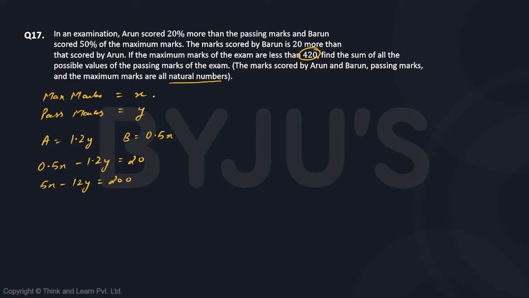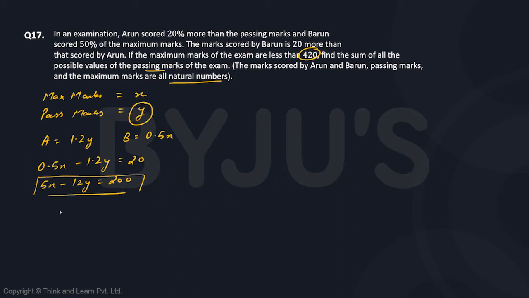So the value of x and y should be a positive integer, as well as the marks scored by Arun and Barun are also positive integers. So I'll go towards finding the positive integral solution of this equation. What I have to do is find the sum of all possible values of passing marks. That means I have to find out all possible values of y and take their sum.